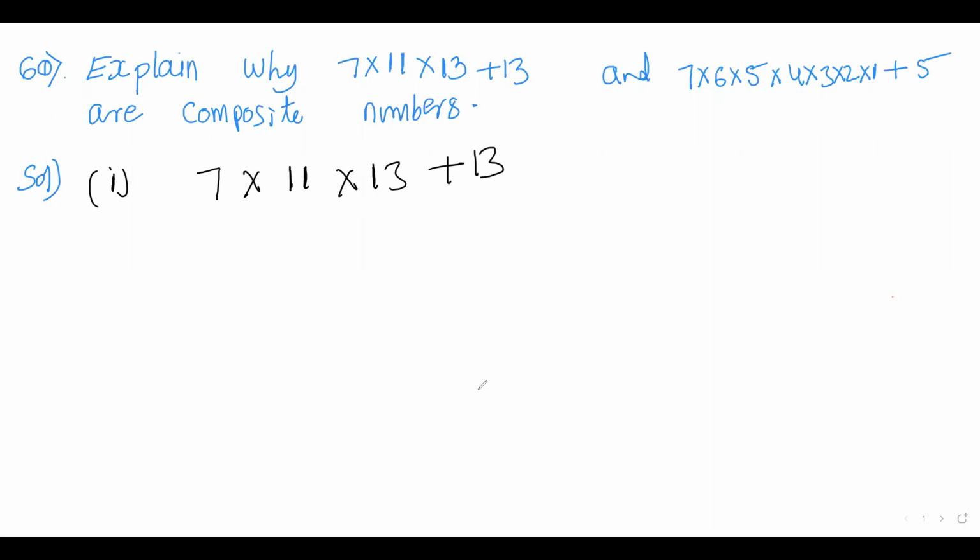In these two terms, I can take something common. What common can I take? 13. Common sense, 13 can be taken as common. Once I take 13 as common, 7 and 11 remain here, and in the place of 13, 1 will remain.